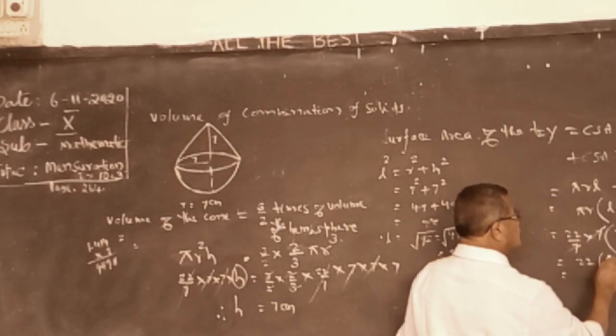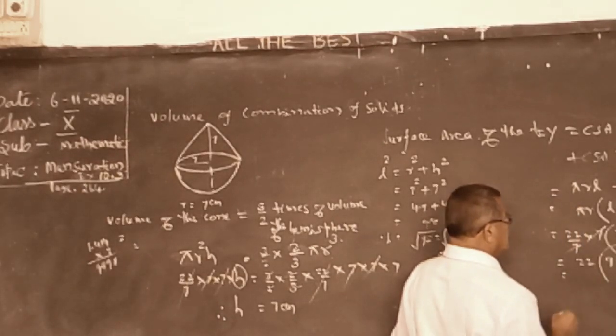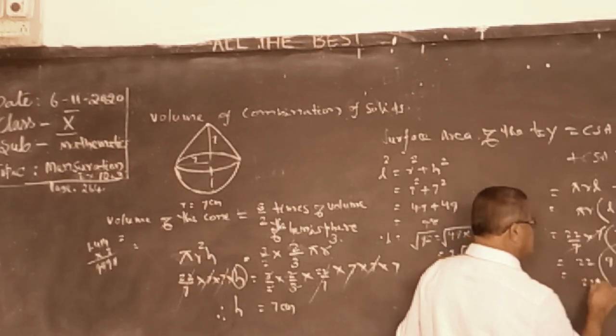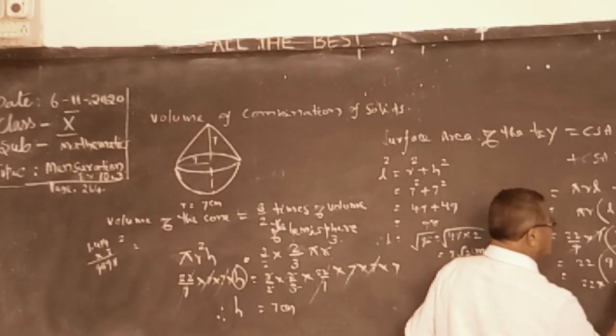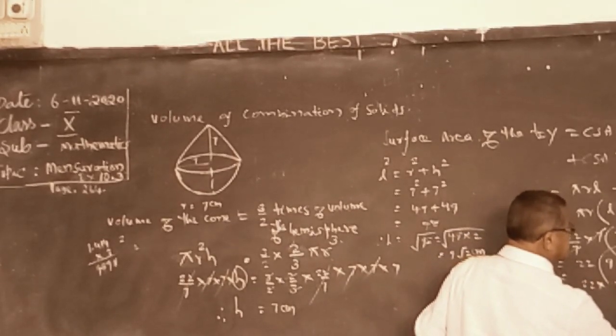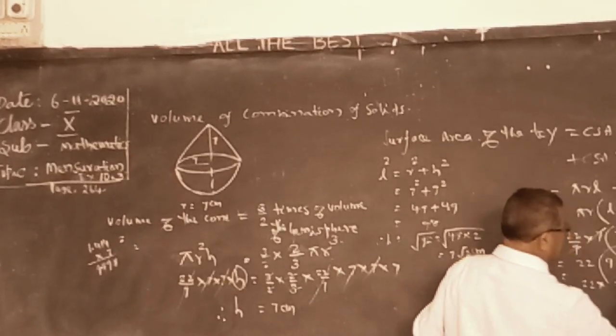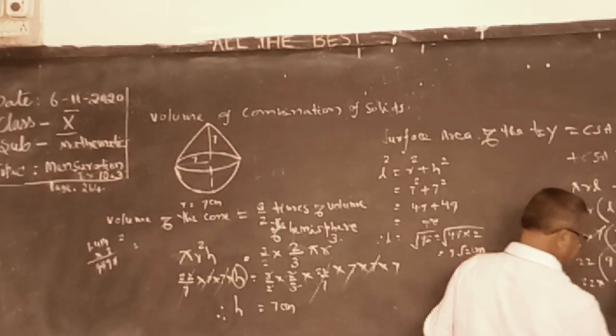So add 14, the whole number. 22 into 23.898 is the area in cm square.